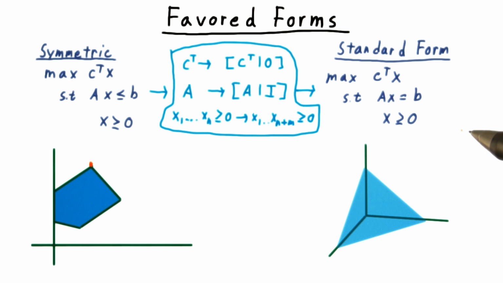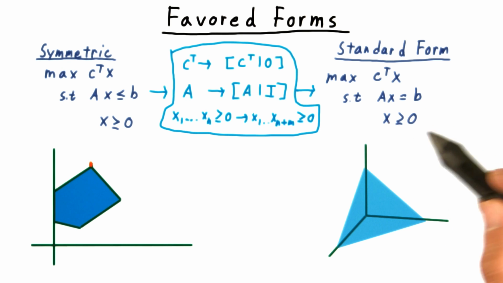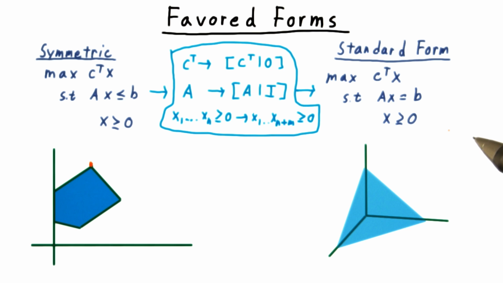Over here in standard form, the notion of whether the constraints of A are tight or not is captured by the slack variables that we introduced. A slack variable is 0 if and only if the corresponding constraint is tight. Thus, at least n of the variables will be 0 when we're at a vertex of the original polytope.